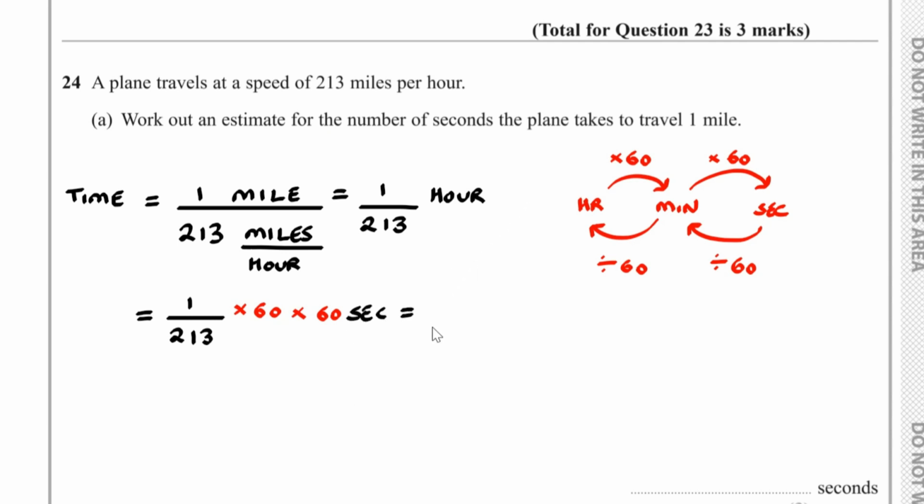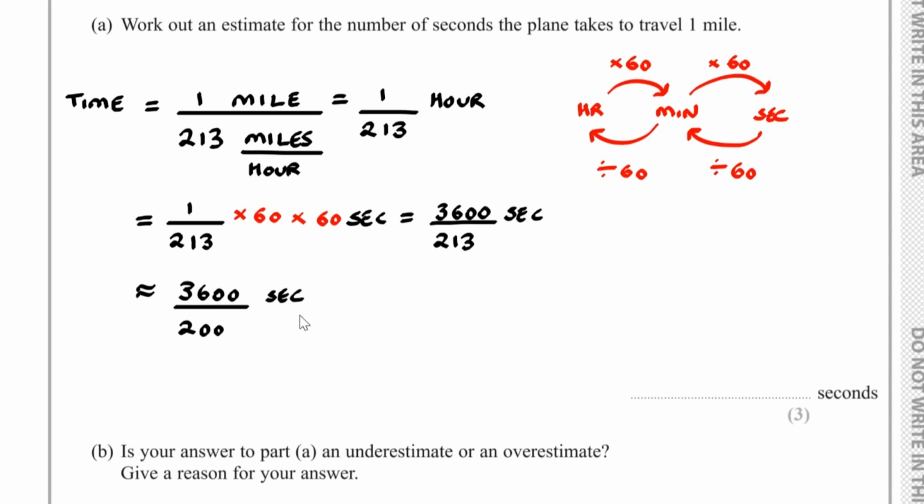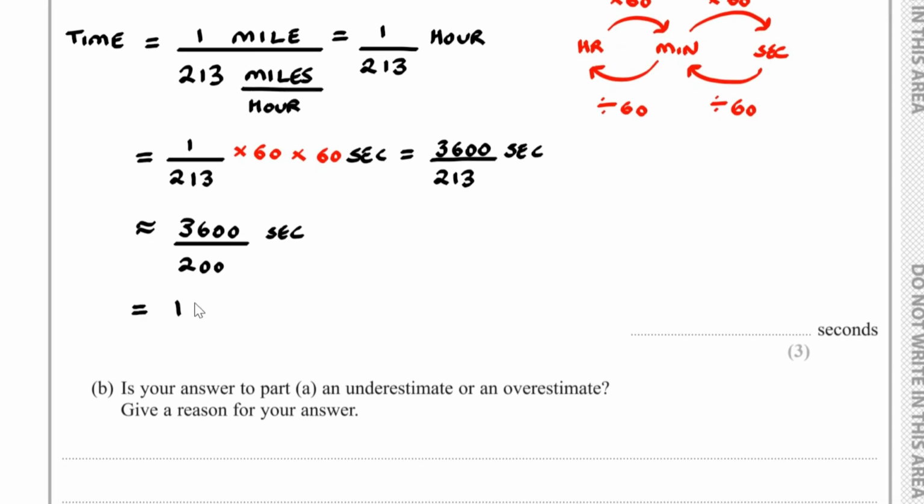So what we end up with is 1 times 3600, which is just 3600, divided by 213. This is how many seconds it takes, and we need to find an estimate for this value. Well, we can round down the 213 to 200. So we have 3600 divided by 200 seconds, and it turns out this is equal to 18 seconds.